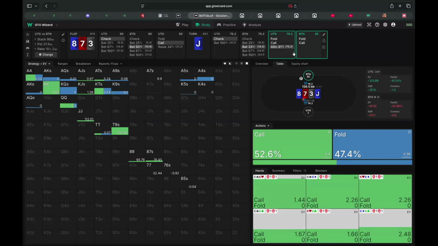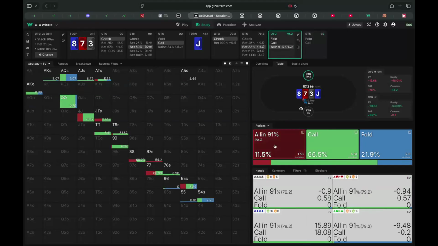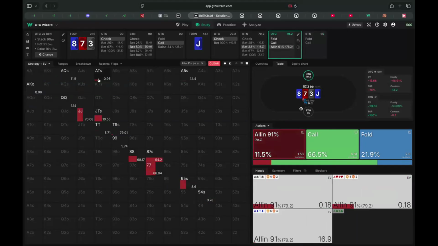What should he be jamming with? Ace jack, maybe. If you really want to understand that, the way to look at it is to see what he's jamming with. It's all about range versus range interaction, right? So if you go back to what he's jamming with here, where are his bluffs? Maybe it's because he sometimes does this with ace ten.